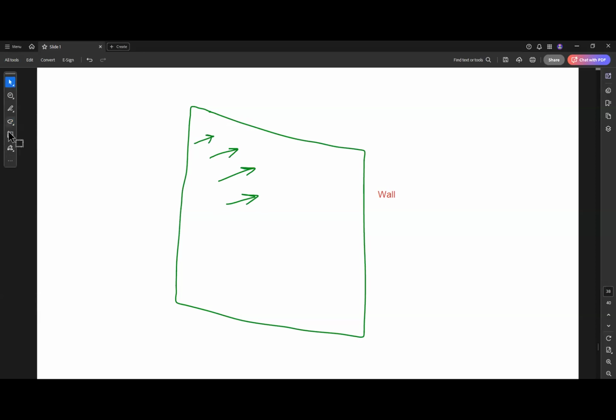Again, these pressures are P equal to qu multiplied by Cp. So this is the wind pressure.